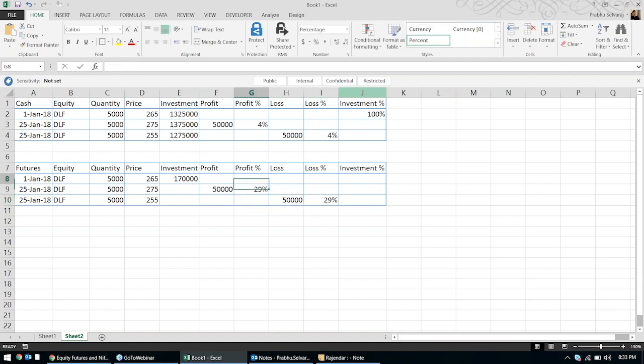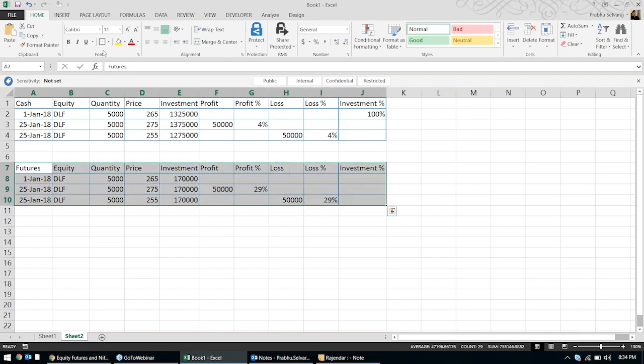Any doubts in this? I can buy the same 5,000 shares of DLF with an investment of only 1,70,000. The stock has gone up by 10 rupees, and I made a profit of 50,000.